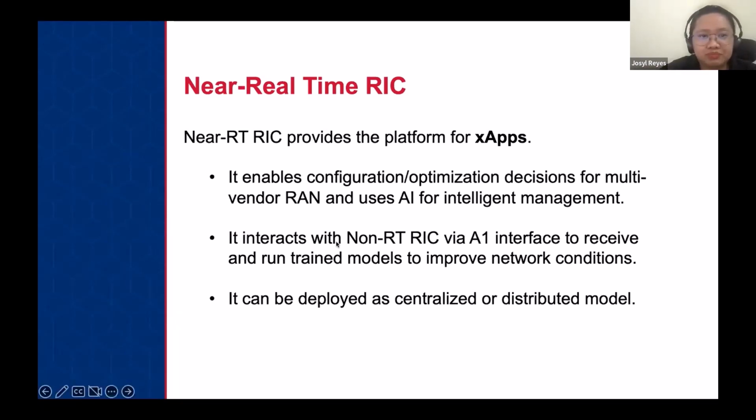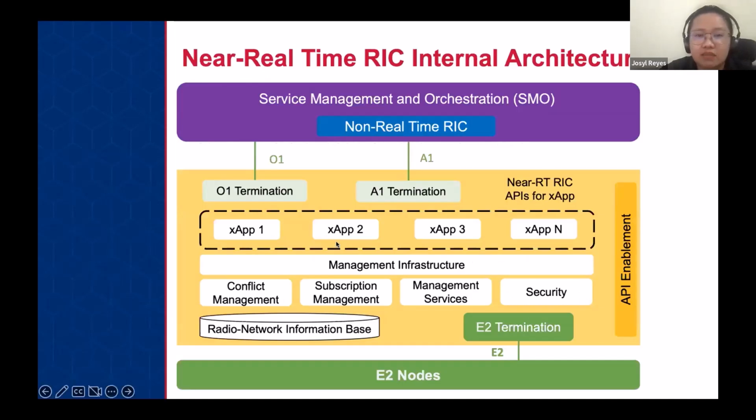Yan. So here is the near real-time RIC internal architecture. Previously, pinakita ko itong slide na to, pero marami natanggal. But in this case, you can see, again, the near real-time RIC connected to the non-real-time RIC via A1 interface. And then, nakakonect din po siya southbound via the E2 interface.